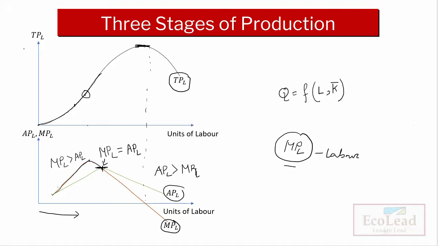That's why the marginal product is greater than the average product.